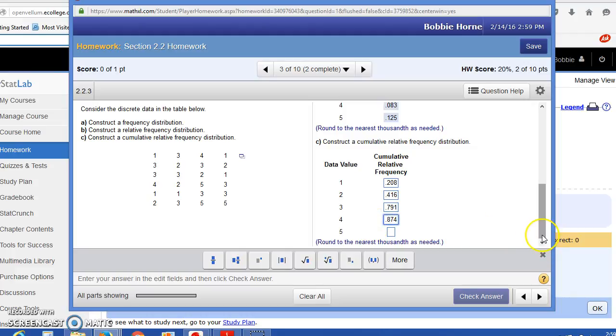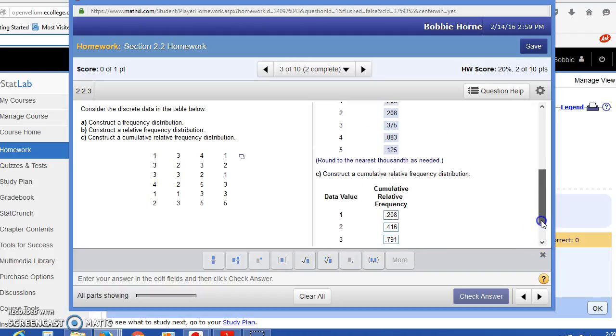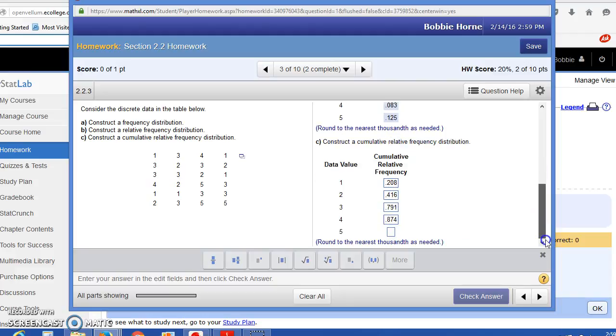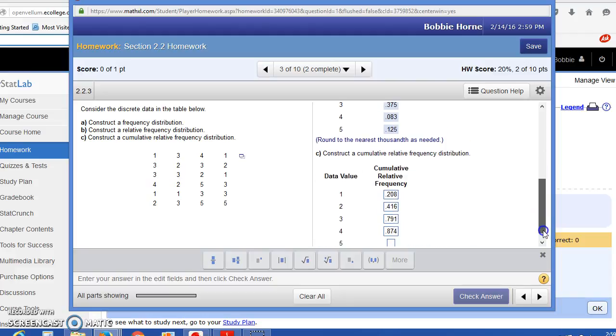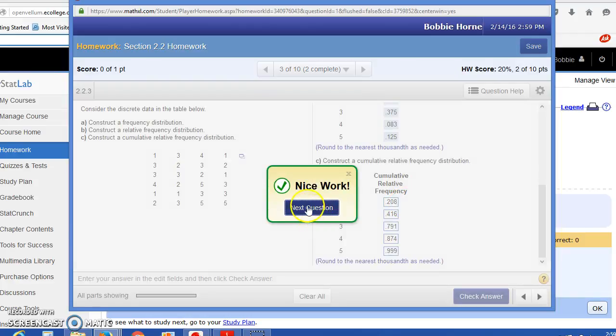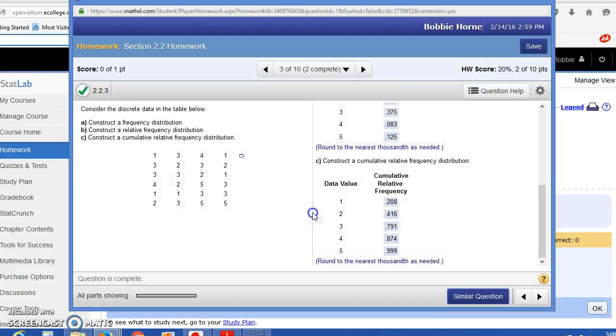Okay, so we have 0.208, 0.416, 0.791, and 0.874, and this would be 0.999, which is 1. So sometimes, because of rounding, you won't get exactly 1, but if you don't get close to 1, if you don't get 0.999, then you know you need to go back and recheck.